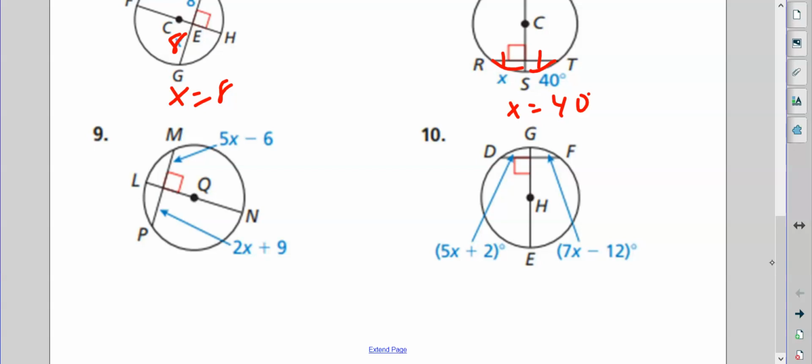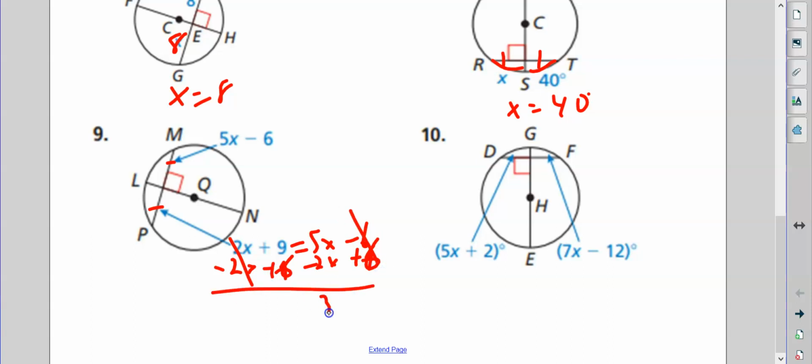Number 9, again, we have a perpendicular line between the chord and the diameter, so that means this equals that. So we literally just say 2x plus 9 equals 5x minus 6. So I'm going to minus 2x, and I'm going to add 6. That was silly. Which gives me 3x equals 15.